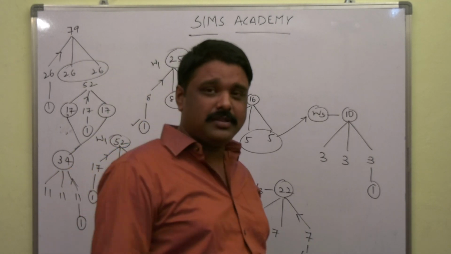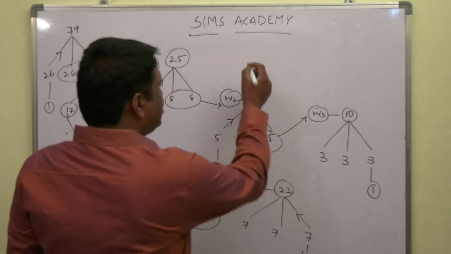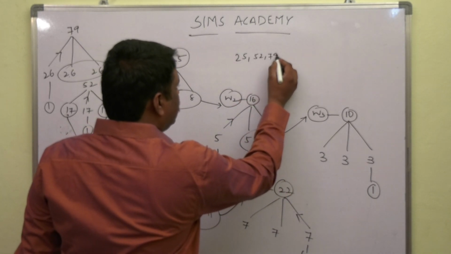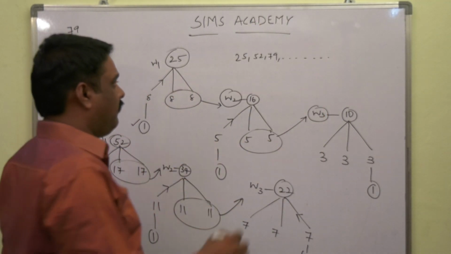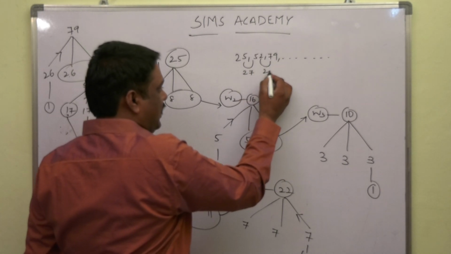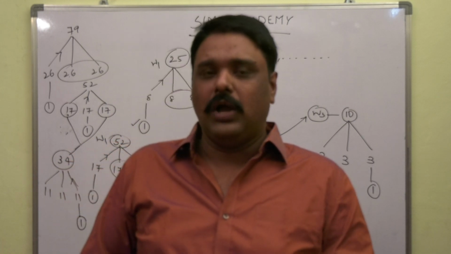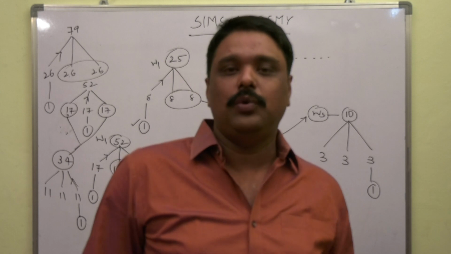Can you guess the next answer? This is following a particular series. 25, 52, 79, and so on, where we can observe the difference between the 2 numbers as 27. Okay, that is the answer for the previous puzzle I have given you.